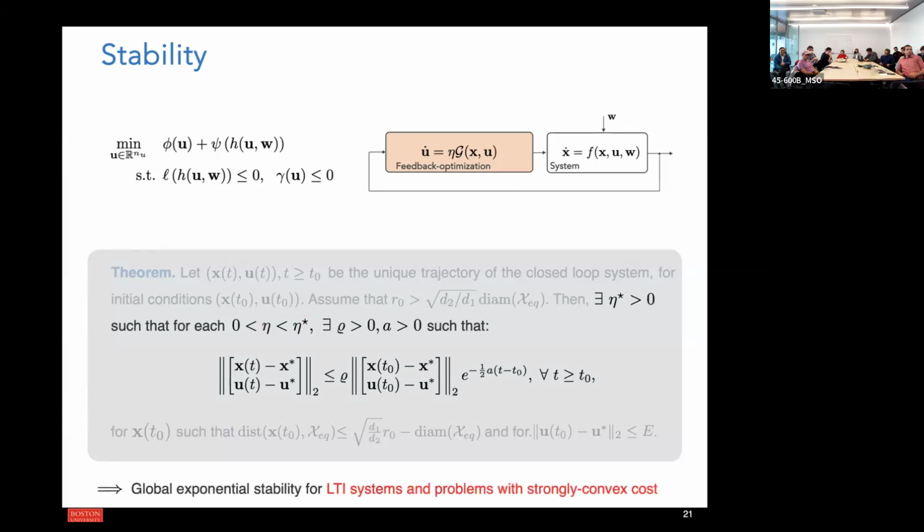Now I'm going to skip this for a second, I'll go back, but I want to go to this particular result.